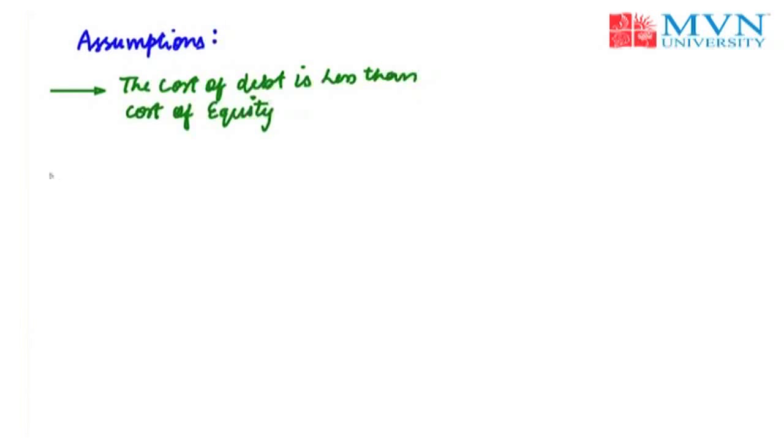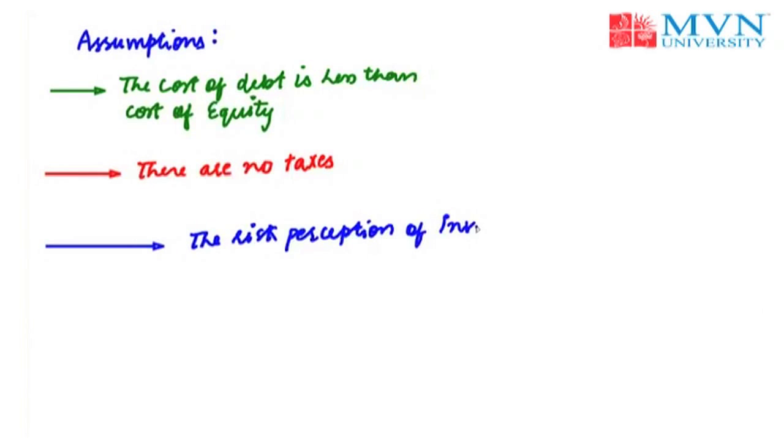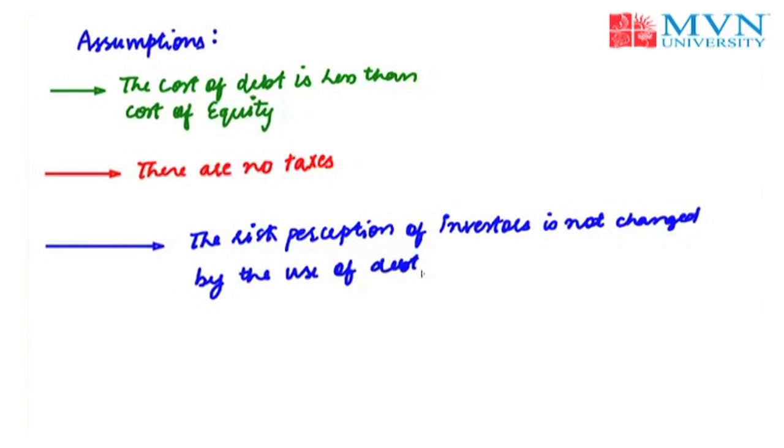Now the second assumption is that there are no taxes. These assumptions are being made just for the sake of simplicity. And the third one is that the risk perception of investors is not going to change by the use of debt. That is, the risk perception of the already existing investors is going to stay constant.